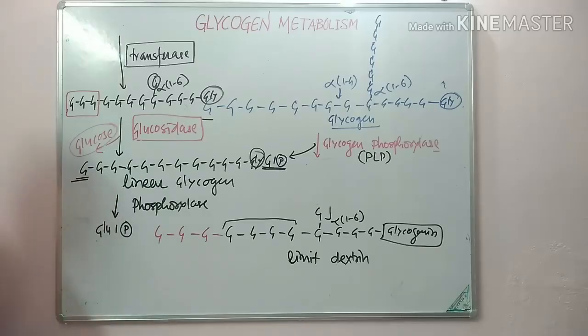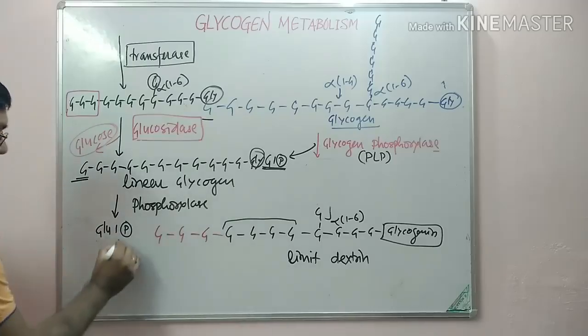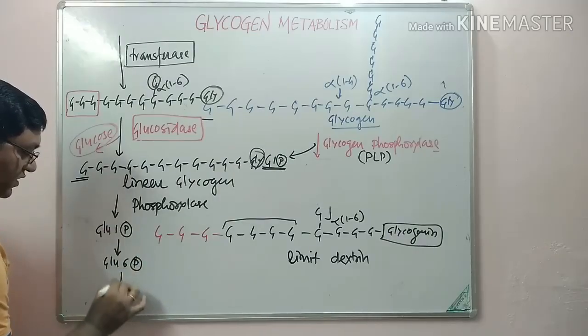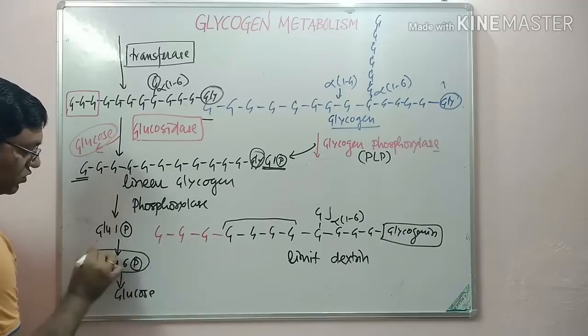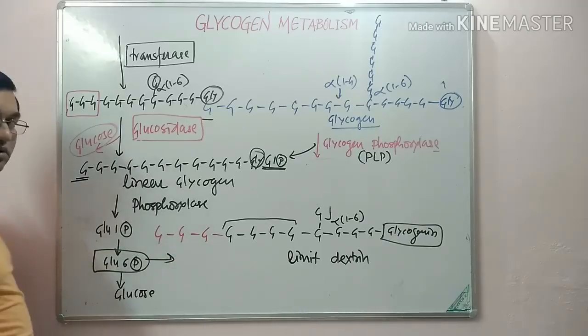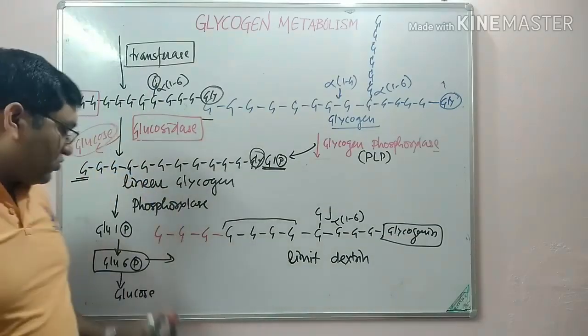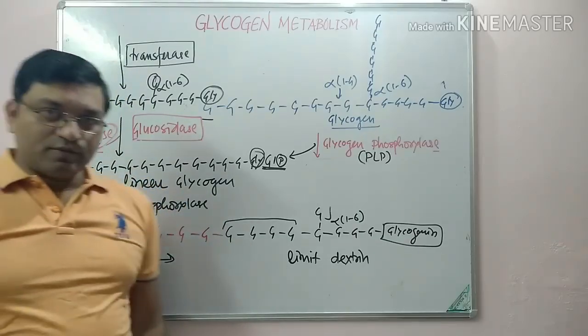Then this glucose 1-phosphate, by the mutase, is converted into glucose 6-phosphate, which is converted into glucose in the liver. While in muscle, this glucose 6-phosphate undergoes a different fate, or it undergoes glycolysis for the production of energy. So this is the glycogenolysis.